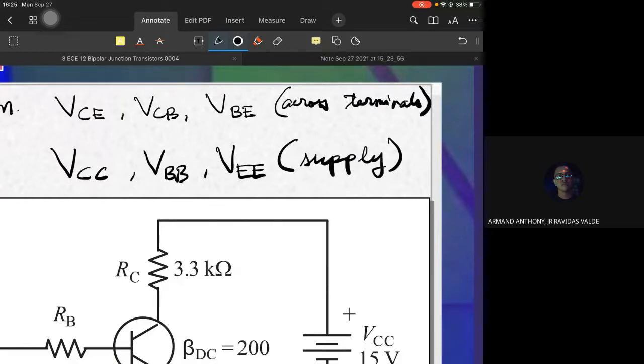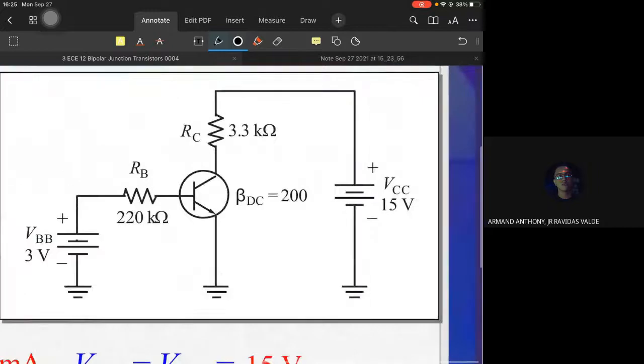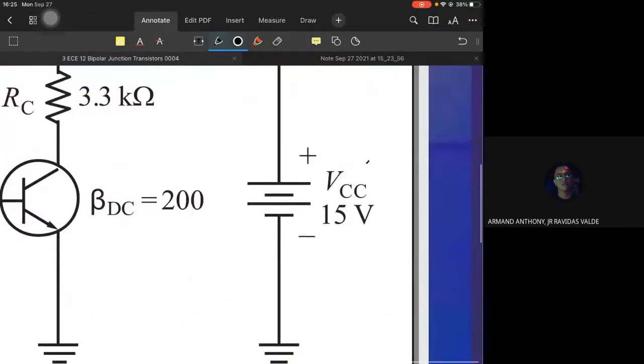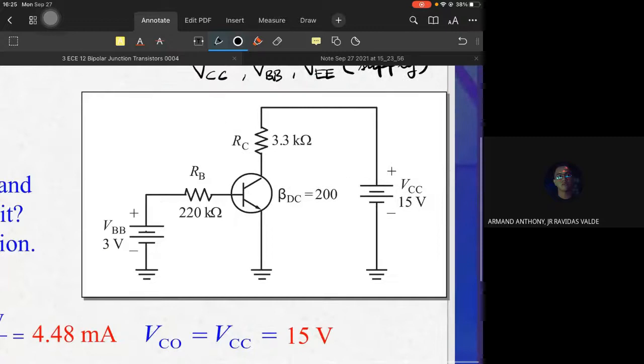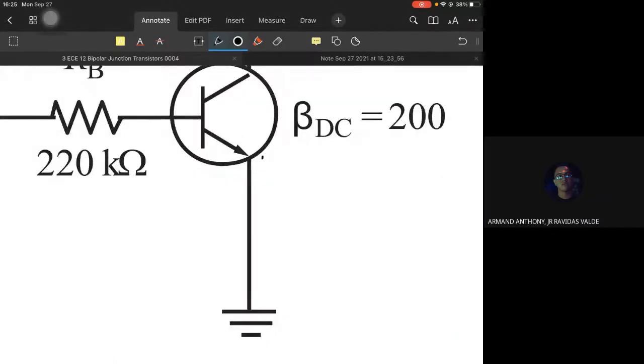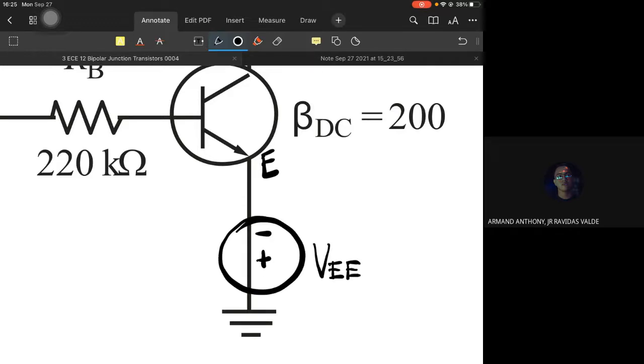Same right here, VCC is 15 volts, because VCC is the supply voltage. If we connect a voltage source at the emitter, for example, we designate that as VEE.